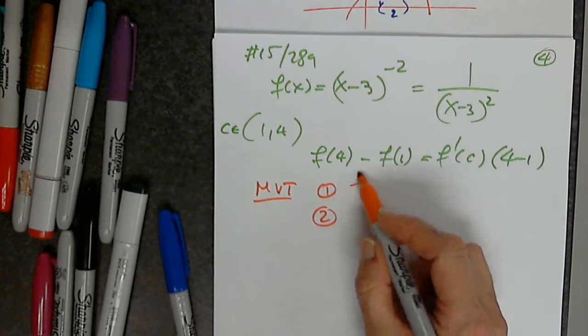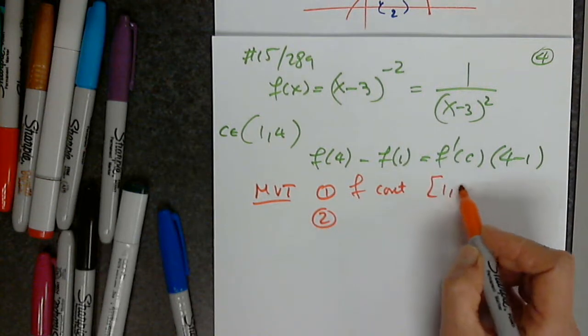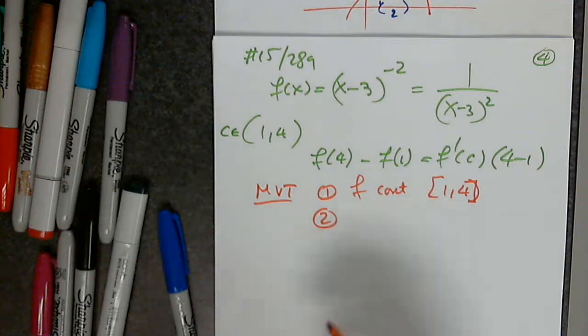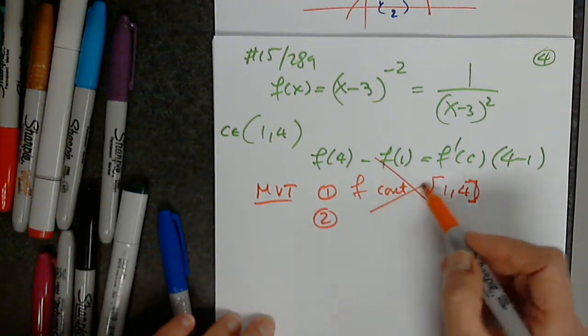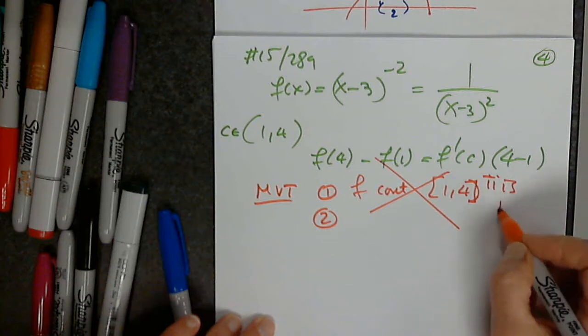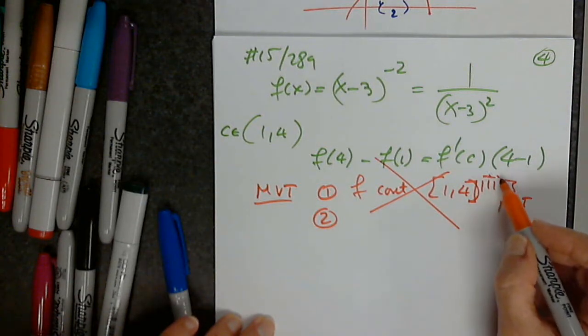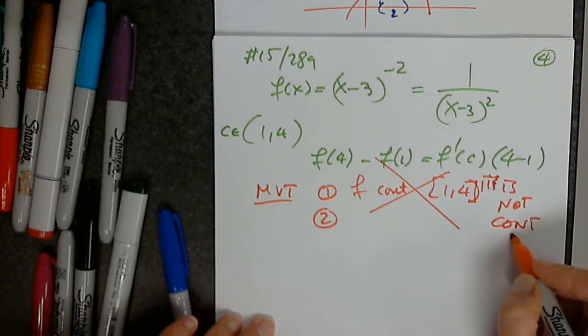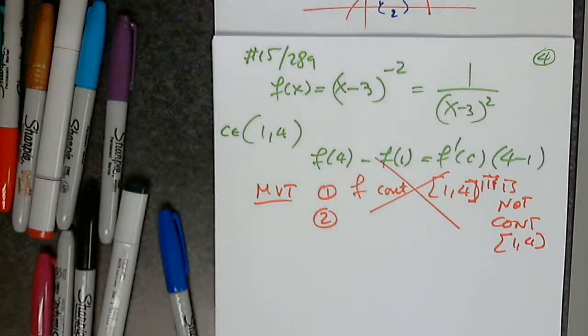The function has to be continuous on the interval 1, 4, and differentiable on the interval 1, 4, but it's not. It is not continuous on 1, 4. The function is undefined at 3. So it has nothing to do with the mean value theorem. It does not contradict it, because the mean value theorem cannot even be applied here since the function is not continuous. That's why there is no contradiction.